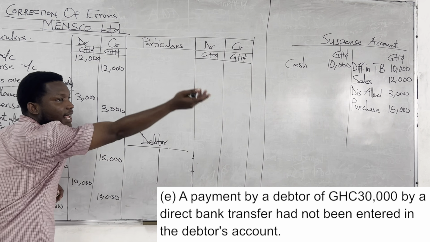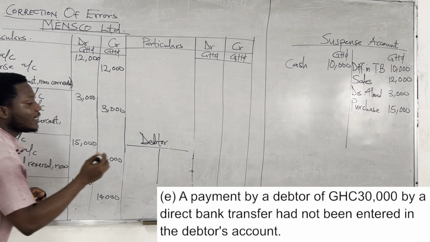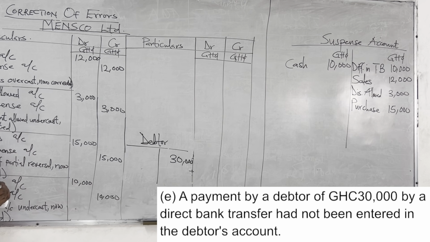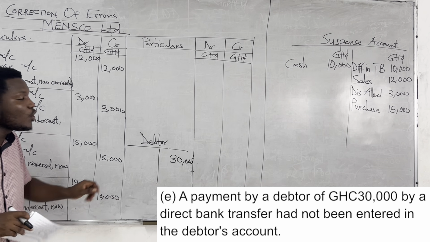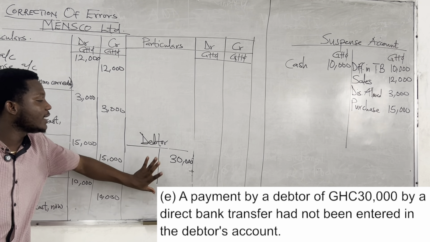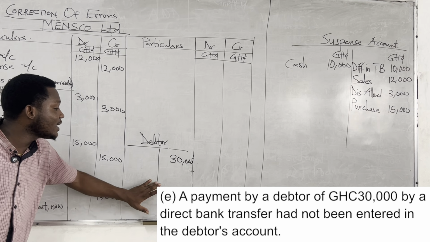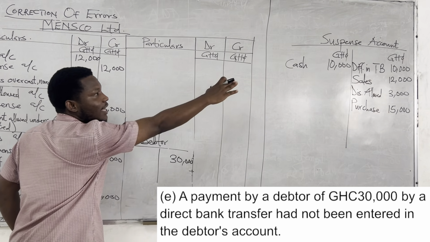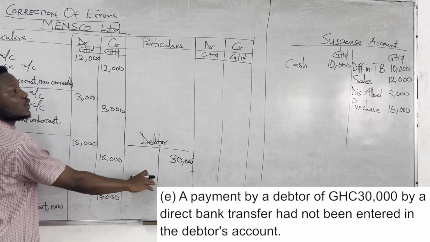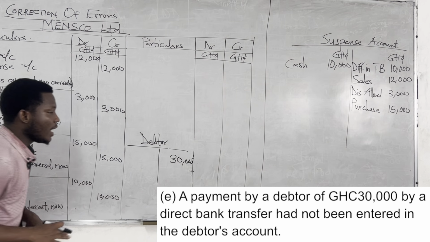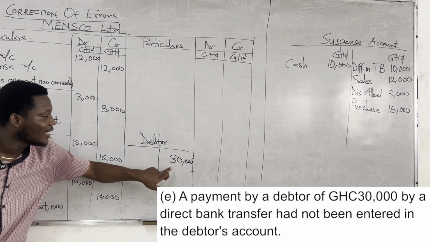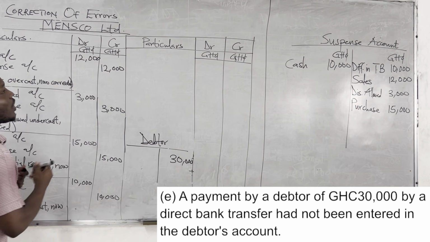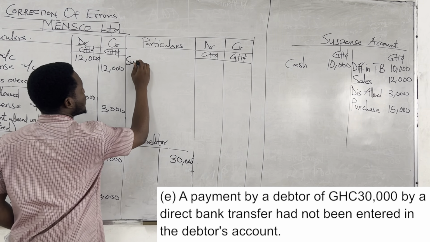Debtor is paying 30,000, so you have to credit it in the debtor's account. We omitted only the debtor's account, but we recorded it in our bank account. And this one will affect the agreement of the trial balance. So it will deal with suspense account. And right now we are crediting the debtor's account. So we have to debit the suspense account. So when you come here, we have suspense account.